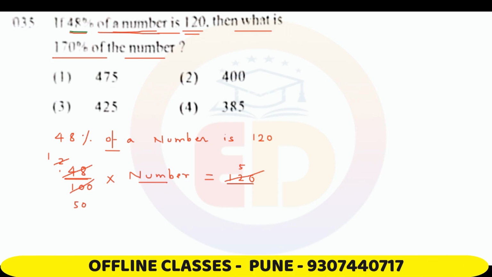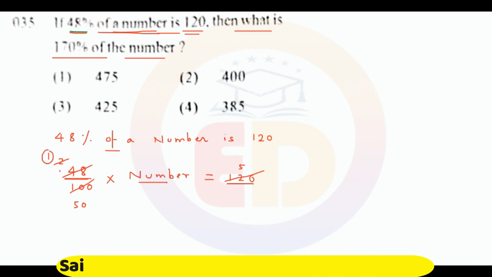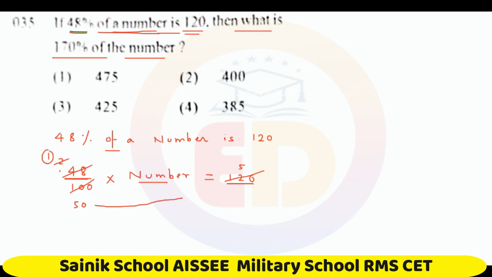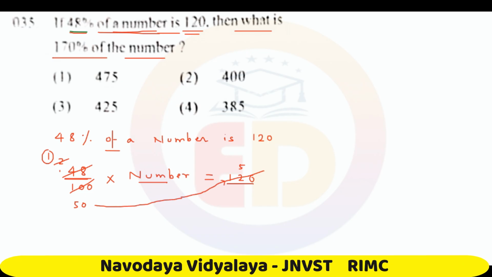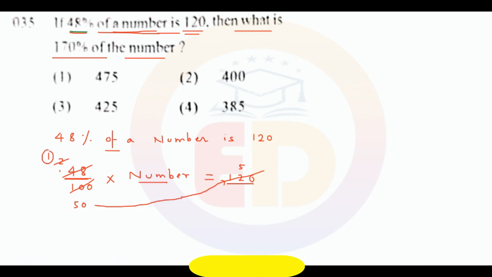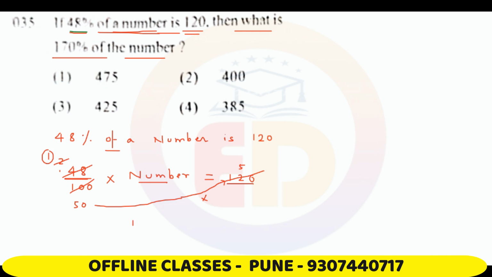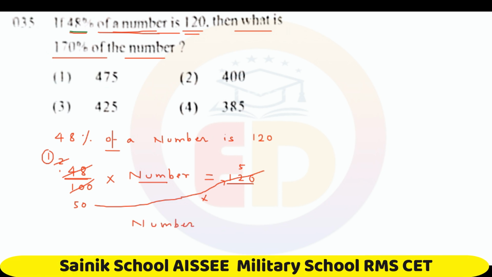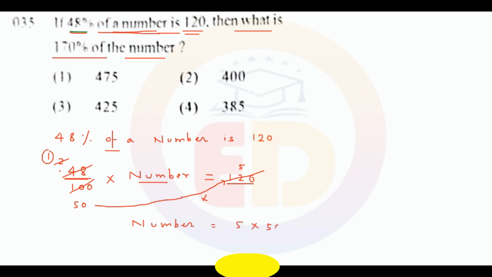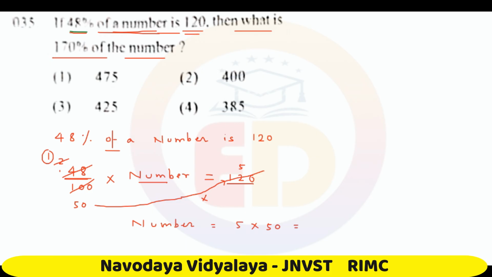In the numerator I have 1, which can be ignored since this is the operation of multiplication. I'll take 50 from the right hand side to the left hand side. Right now it is in the denominator. When you change the side, it will go to the numerator and it will be multiplied by 5. So our number will be 5 multiplied by 50, which is 250.